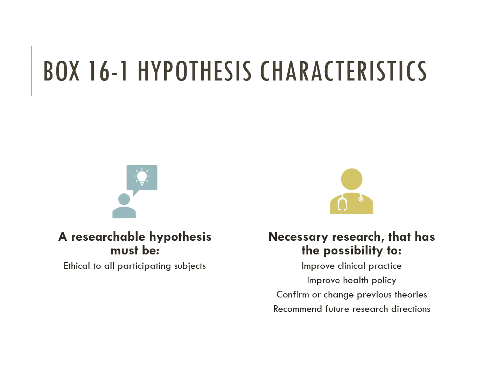We wouldn't do that. That's not ethical research. Interesting, but not ethical. Necessary research that has the possibility to improve clinical practice and improve health policy. So we don't just research stuff for the fun of it, right? We want to research things that will help people, where the information is going to be of use somewhere.